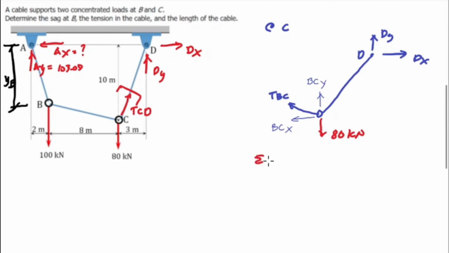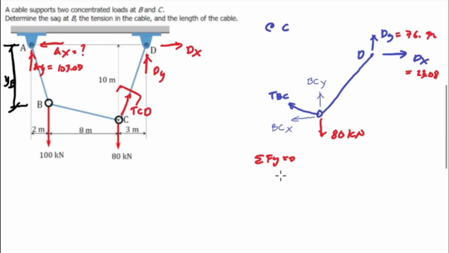So summation of forces along y is equal to 0. So we have forces 80 kilonewton, BCy, and dy. And the value for d sub y is equal to 76.92, and the value for dx is equal to 23.08.